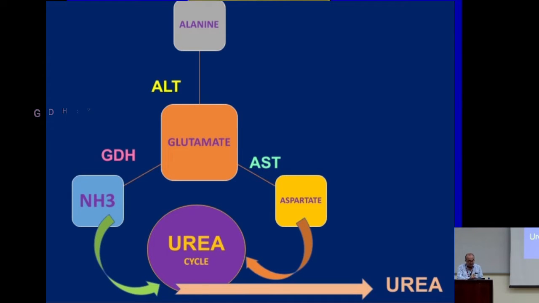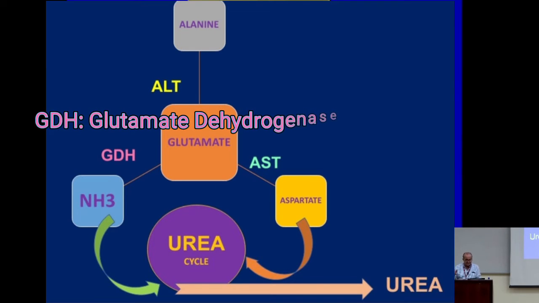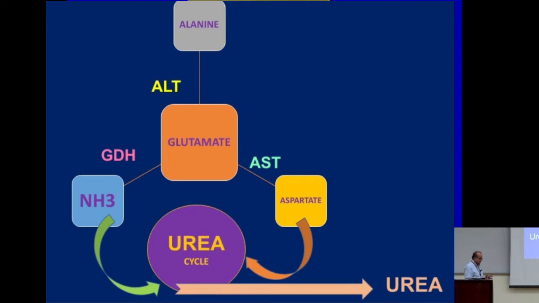Again, glutamate dehydrogenase is a reversible enzyme, just like the transaminases, meaning it can produce ammonia and alpha ketoglutarate, or it can be used to resynthesize glutamate from ammonia and alpha ketoglutarate. So what's the point of all these three enzymes and this metabolism? The point really is to try to remove the nitrogens from amino acids.